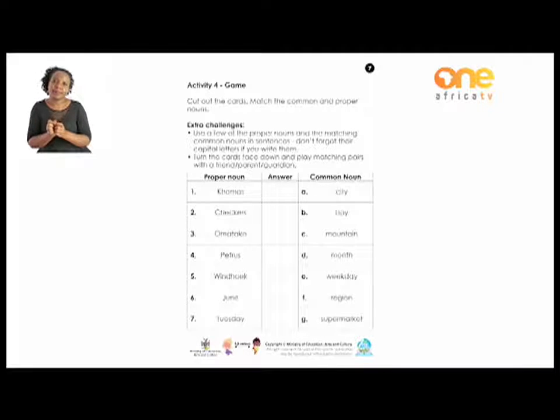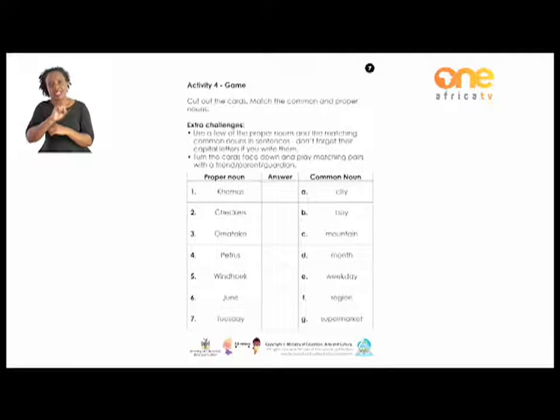And then number 2, there is Checkers. Checkers is a proper noun which corresponds with G, which is supermarket. Checkers is a supermarket.